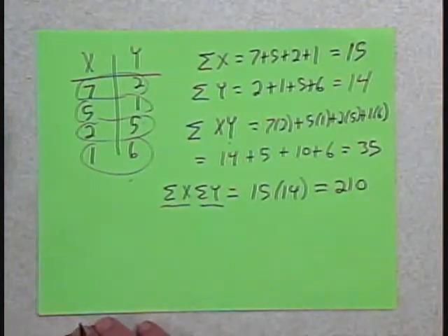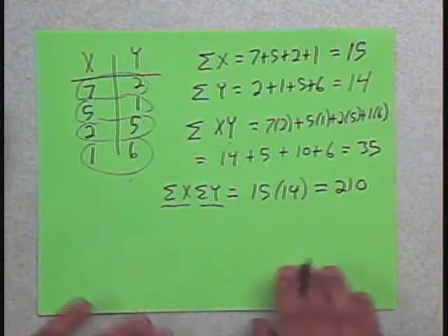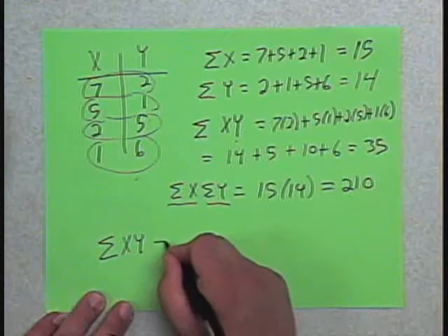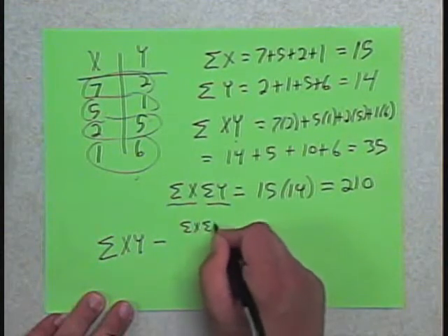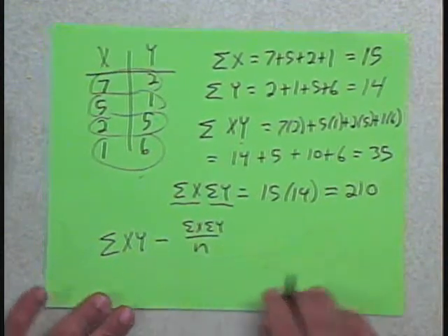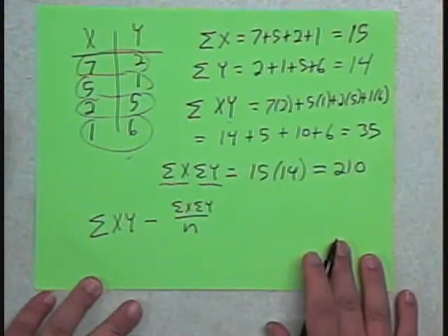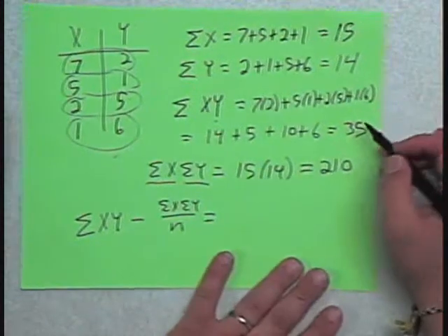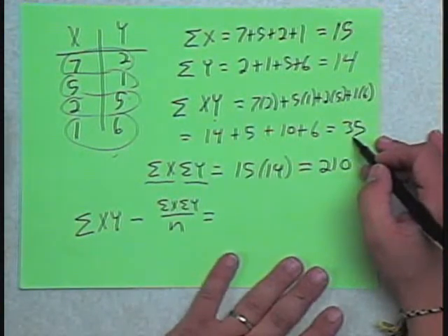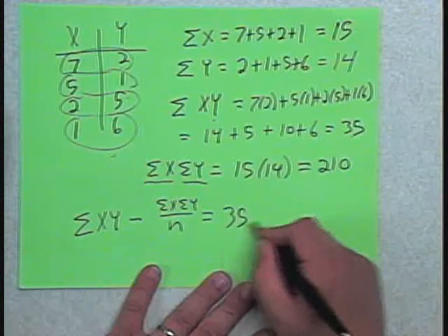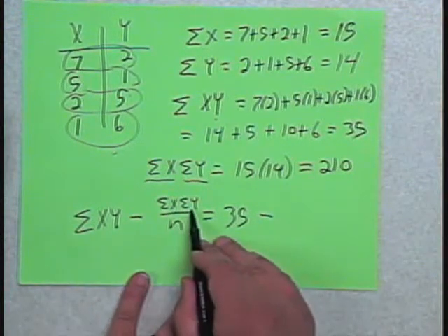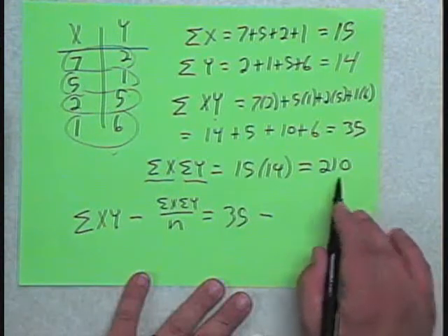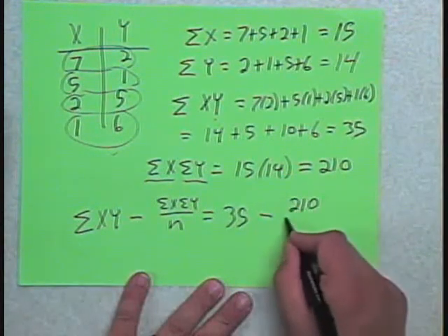And then there's one other formula, like the other formula that we had before, that involves these sums when you have an x and a y together. And it looks like this. You're going to take the sum of x times y, in this case 35, and then you're going to subtract the sum of x times the sum of y, which was the 210, divided by n.